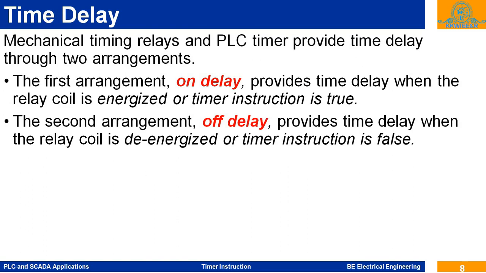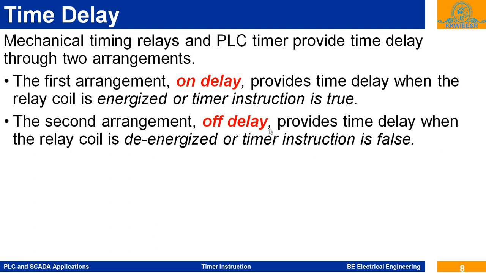So mechanical timing relays and PLC timers provide time delay through two arrangements. First is on delay: the relay coil is energized or the timer instruction is true, then the delay is provided. That is called on delay.